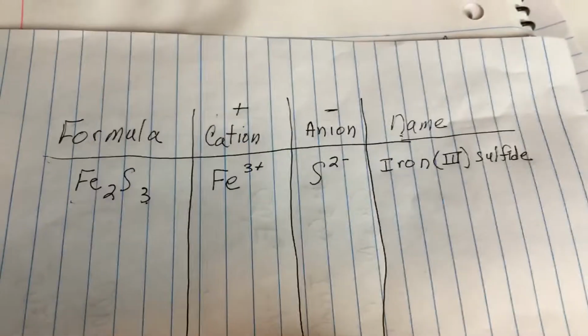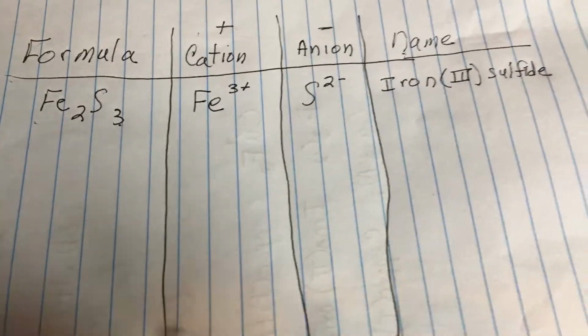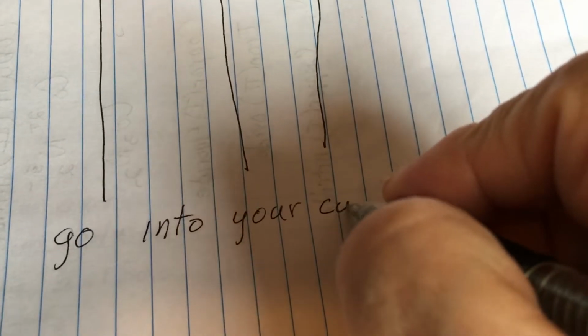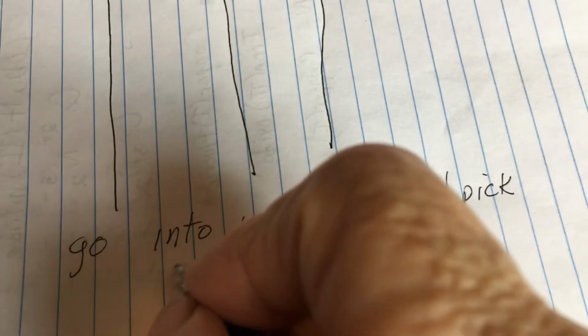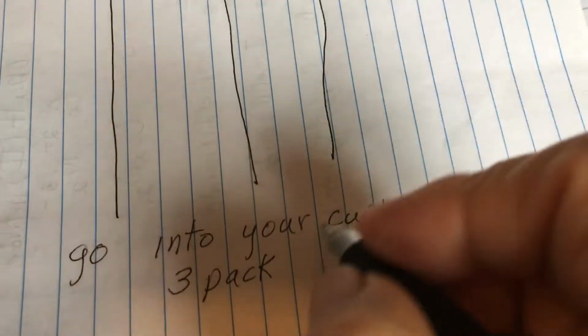So, after you get this done, I want you to go into your cupboard or pantry or whatever, wherever you got some food. Pick 3 packages of something, all different.